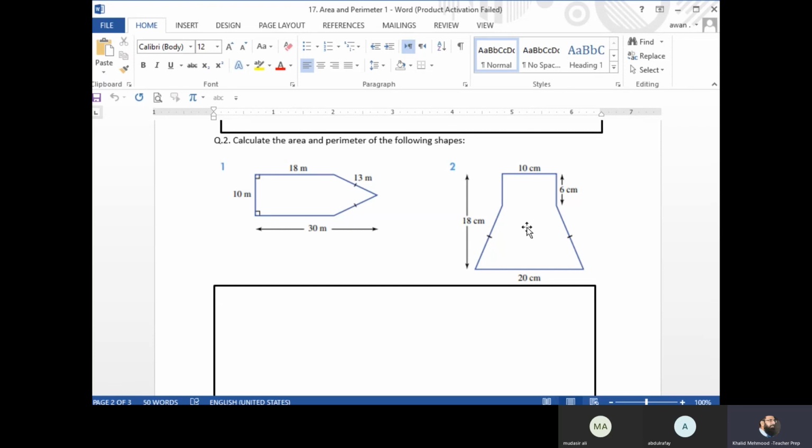Would anyone guide me? The top height is 18 centimeter. This is 20 centimeter, and the top vertical height, the neck height, is 6 centimeter, and the top horizontal length is 10 centimeter. So let's check how we'll be doing it.